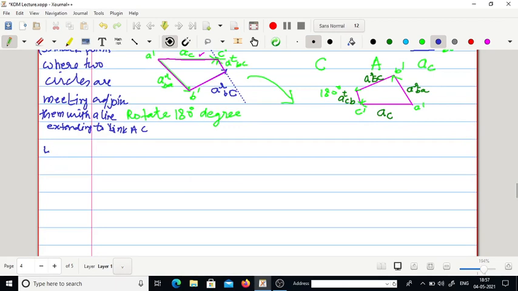In the fourth step, locate a point on BC where the extended line is cutting it.